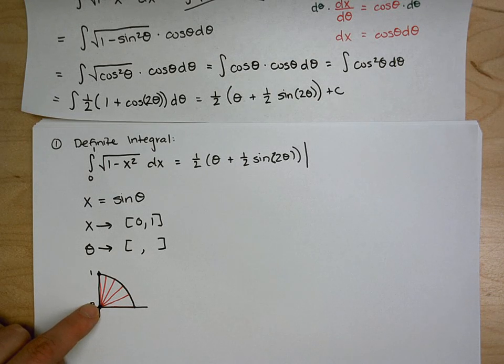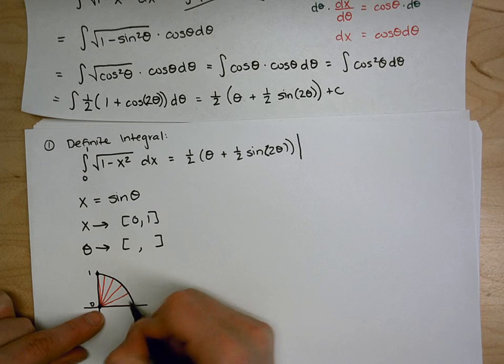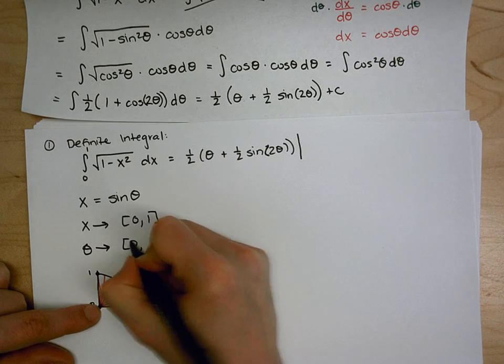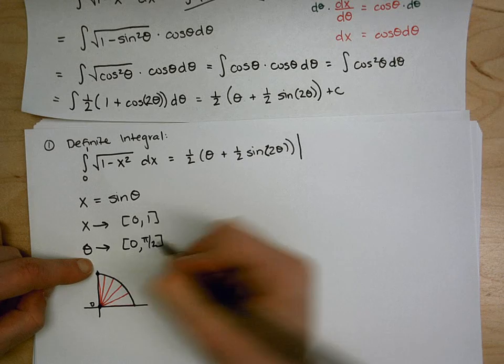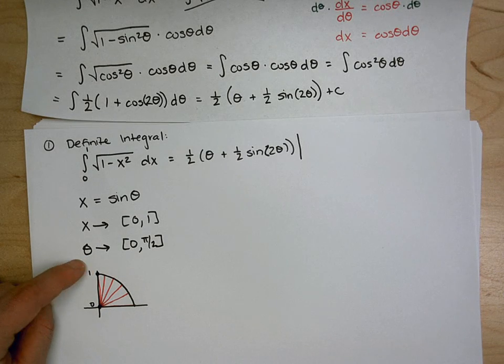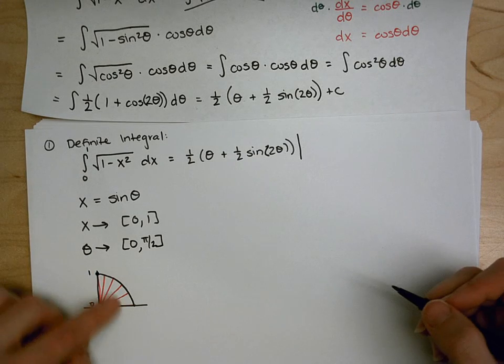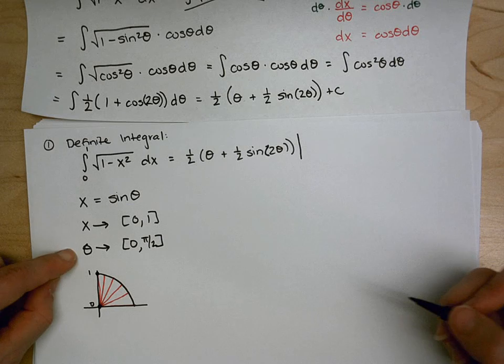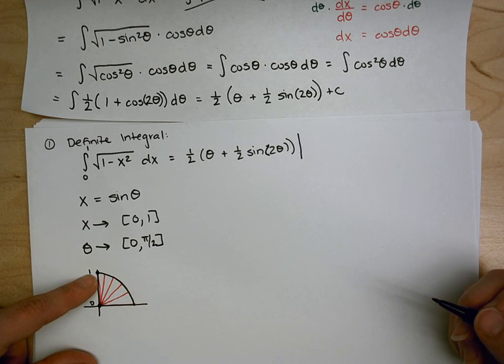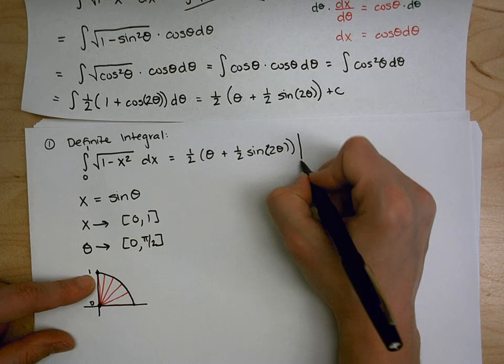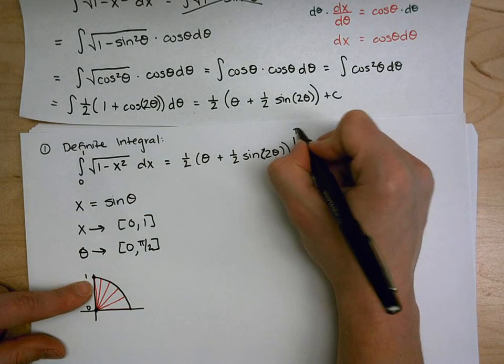Now notice it's going to be all the angles between an angle of 0 and an angle of, well, this angle is pi over 2. Okay? So again, if sine is ranging from 0 to 1, then my theta, my angle, is ranging from 0 up to pi over 2. So that's my new bounds, 0 to pi over 2.